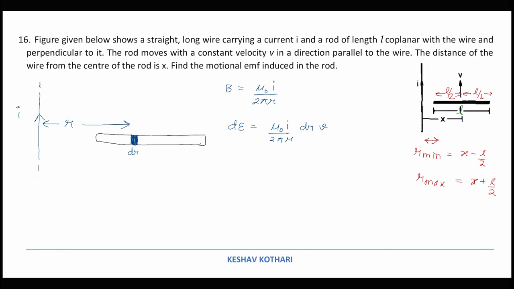So if we integrate this, we will get the value of EMF induced in the rod. So the value of EMF induced can be written as mu naught I v upon 2 pi integration of 1 by r with respect to dr, and the limit is from r minimum to r maximum.